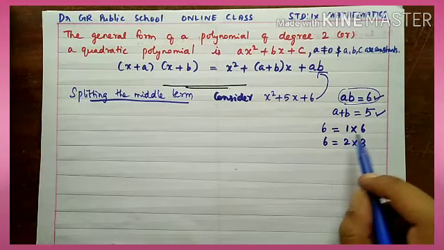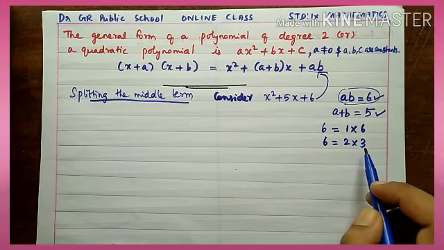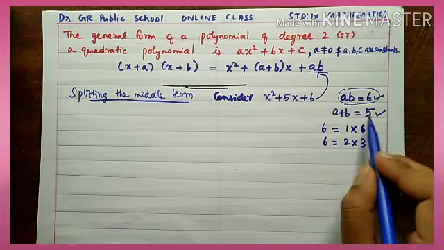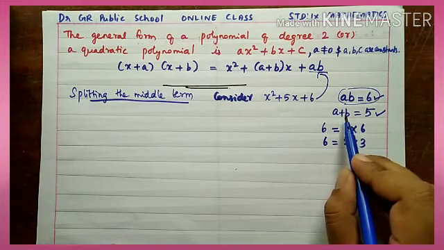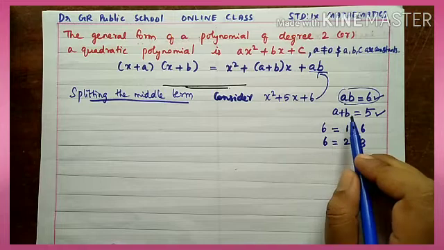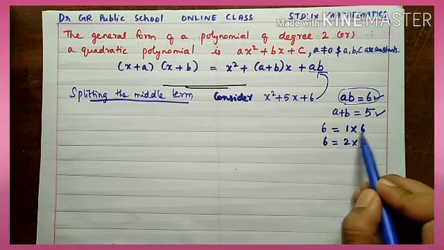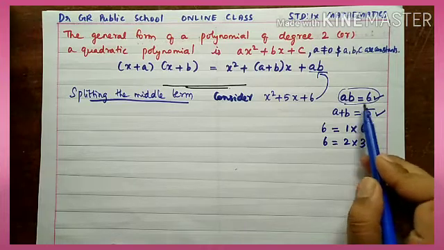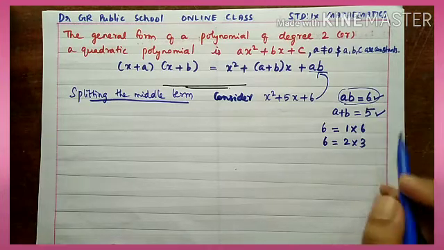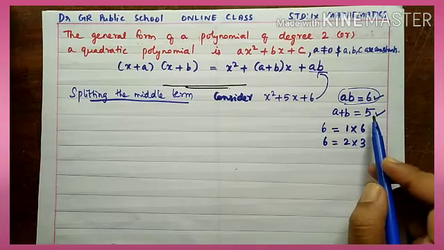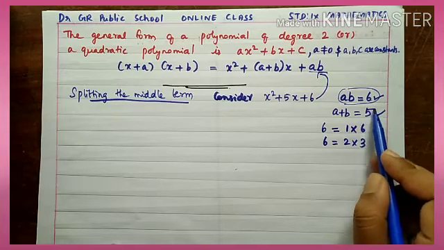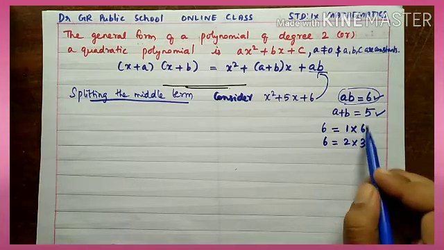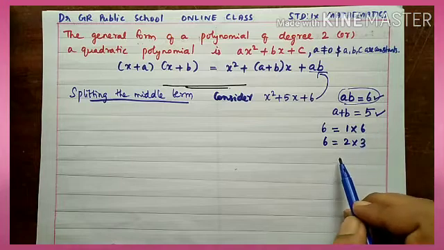No. So these are the two combinations we know. Now you come to the sum of the two numbers. Now you check whether either of these two combinations will give you the sum 5. We want to get plus 5. So what numbers will give you this plus 5?